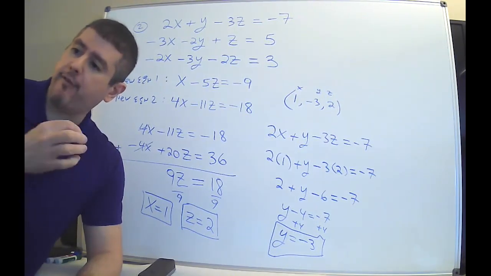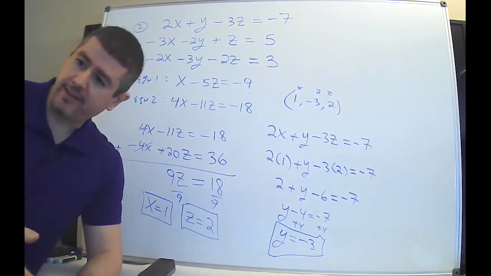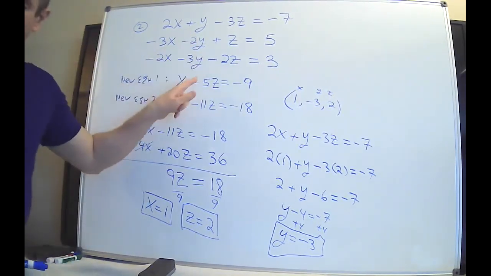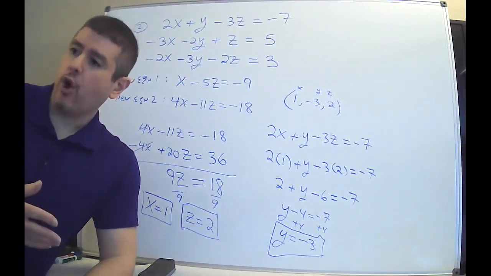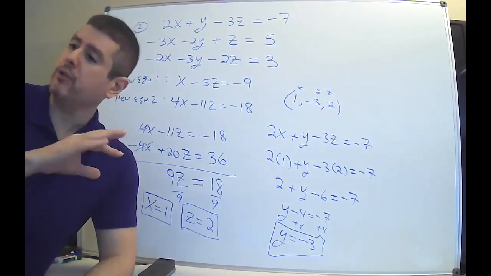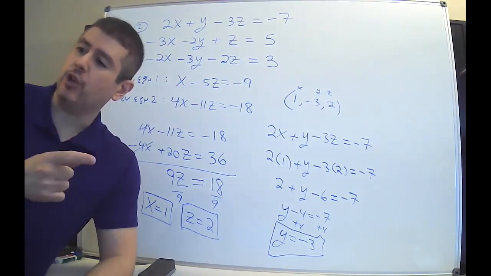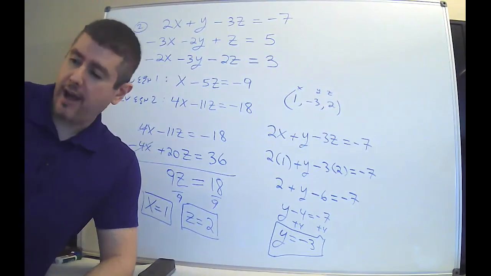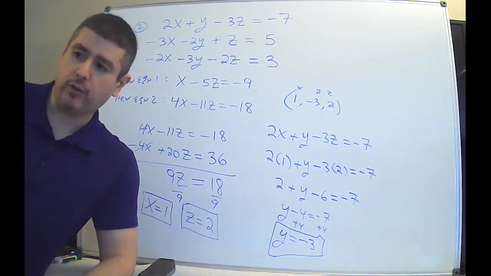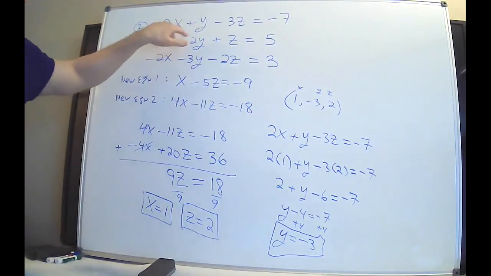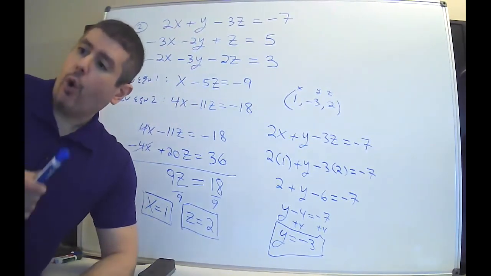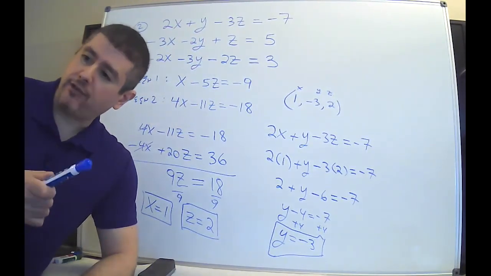When I design them for you on a test, I'm going to take this choice away from you. Like the first question I did, I'll make sure all the numbers are not multiples of each other, and z is the only one that had a 1 in front. So you don't have a choice of what to eliminate. I want to remove that choice for you, because if you have a choice, one way will work out much nastier than the other.